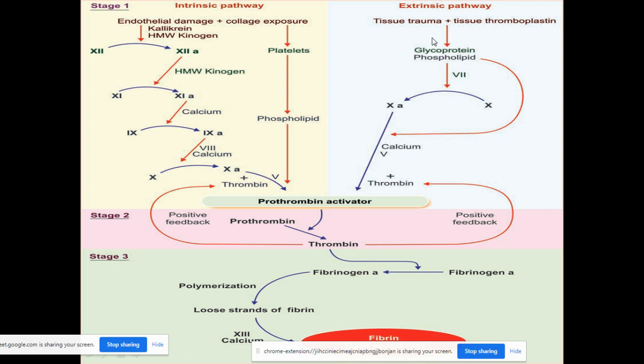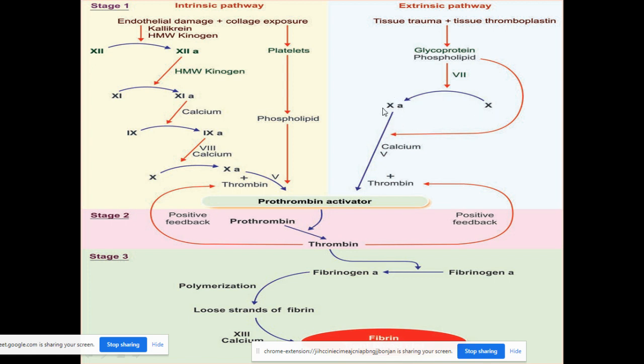We have seen that tissue releases glycoprotein and phospholipid. Along with factor 7 this will activate factor 10. Not only this, glycoprotein and phospholipid also play a role in this particular step. So the first step is that it combines with factor 7 and activates factor 10. Now factor 10 is getting activated.